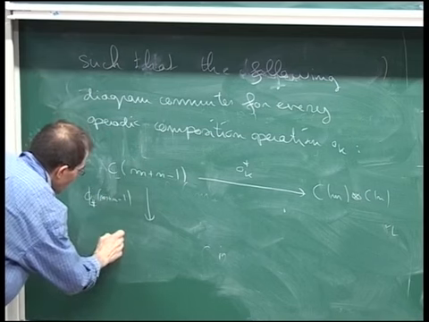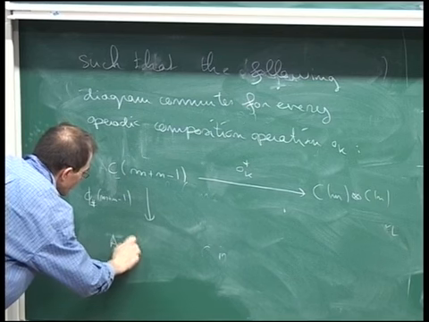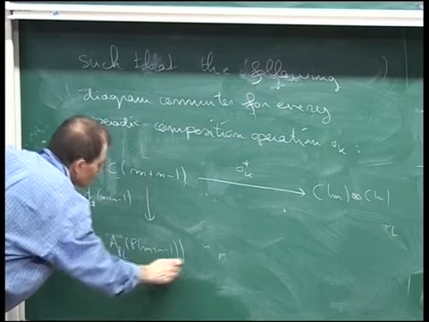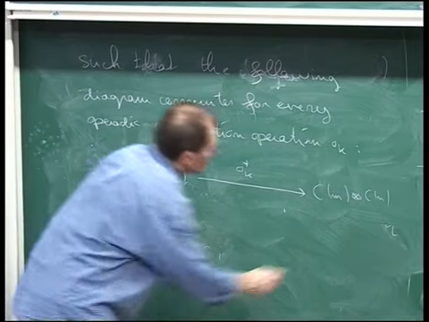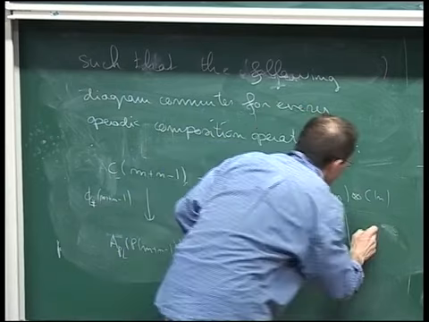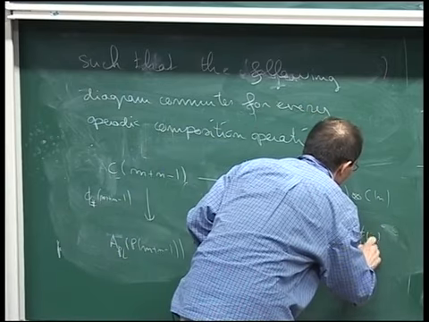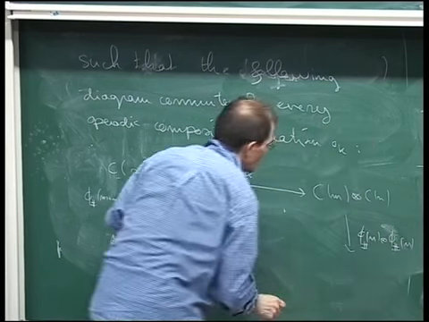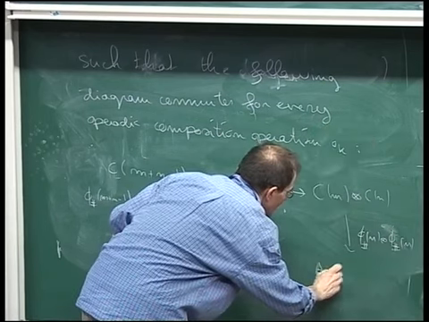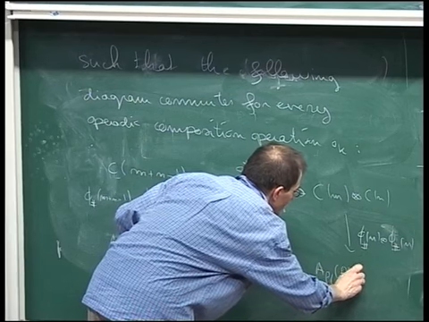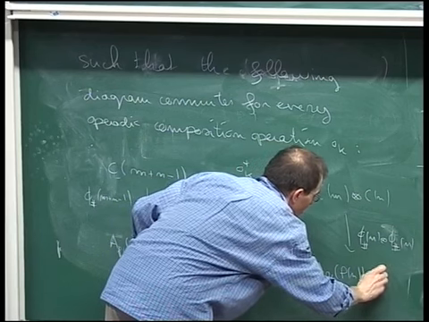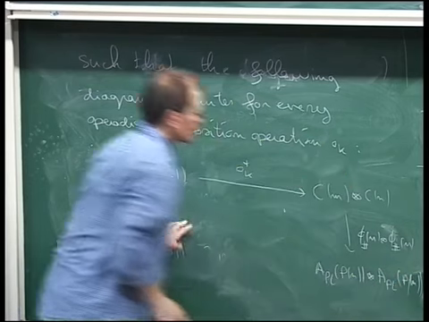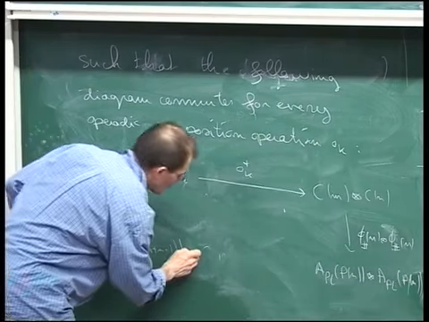The target of this map is APL of P of m plus n minus 1. So here you take phi sharp m tensor phi sharp n. So the target is APL Pm tensor APL Pn.